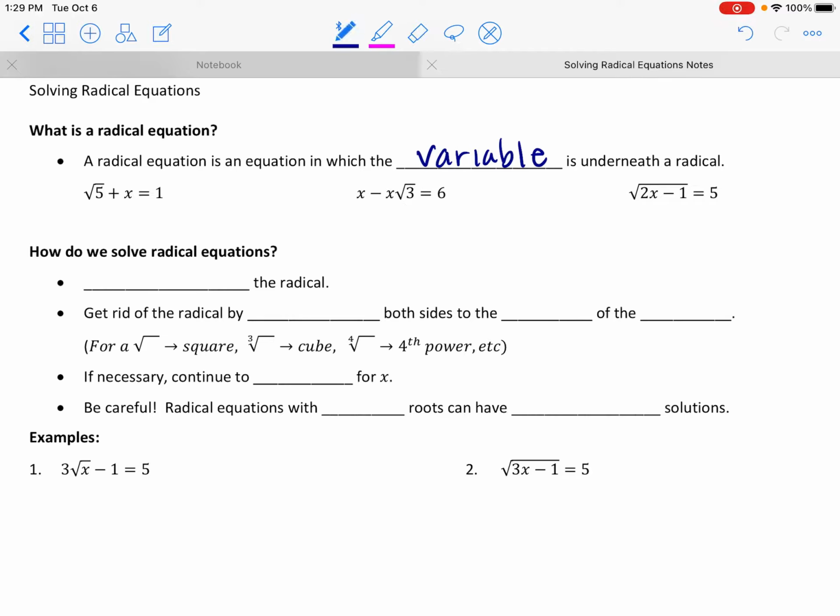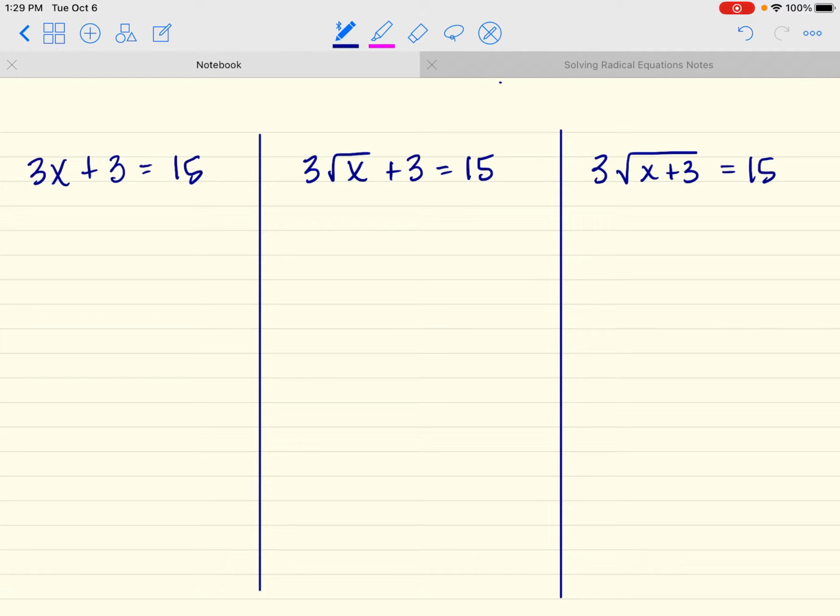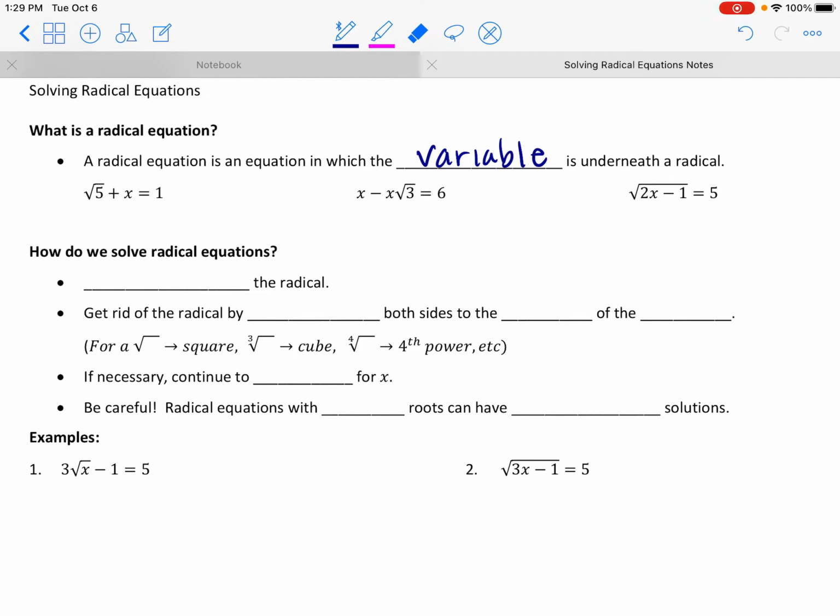The only one of these that is a radical equation is this guy, because here our variable is underneath the radical. So this is a no, not a radical equation. This one is not a radical equation either. And this last one is the only one, again, of the three that is. So this is an example of a radical equation.